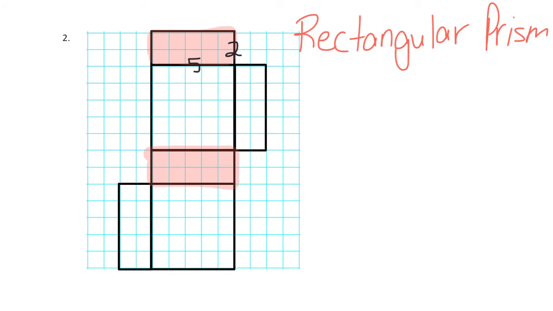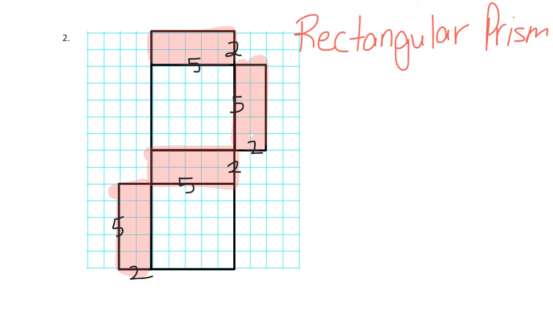And this one right here, 5 by 2. Now I check the smaller ones going up and down, and I count. Are they 5 by 2 also? Yes, they are. So I have 4 rectangles that are 5 by 2.